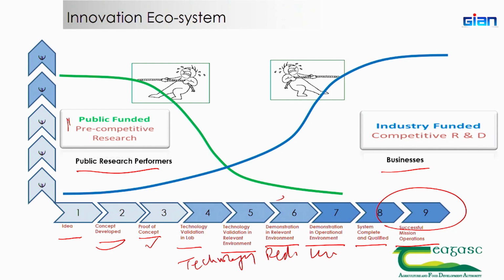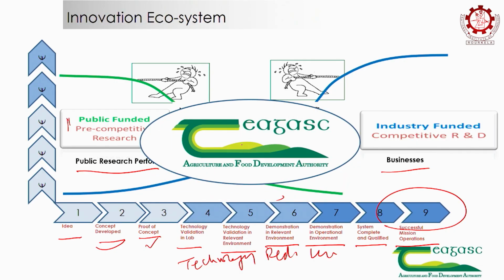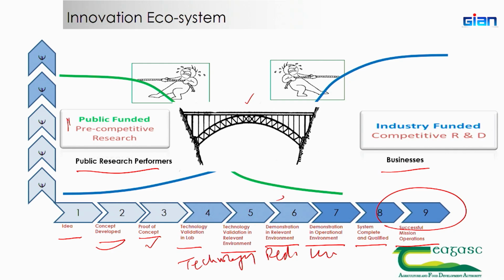So this push and pull happens. Our own organization falls in to bridge this gap. This is where Teagasc comes in, where we have to fill the gaps between applied as well as fundamental research and commercial research. The main mission and vision of this organization is to support the Irish agri-food sector through science-based innovation. In order to bridge this gap, it has to do some research.